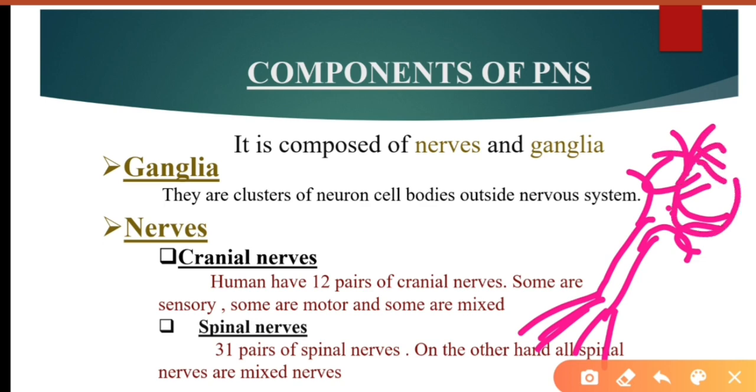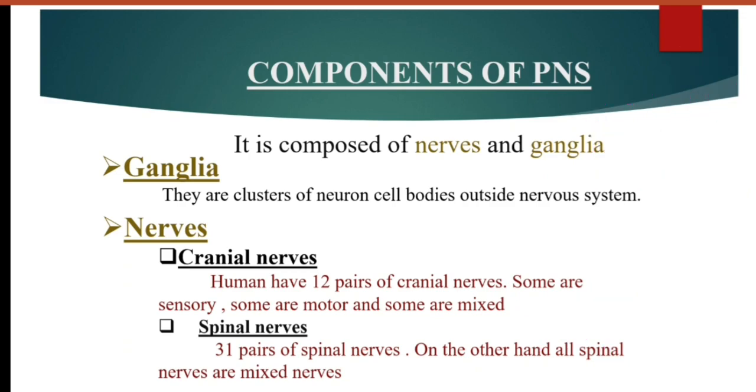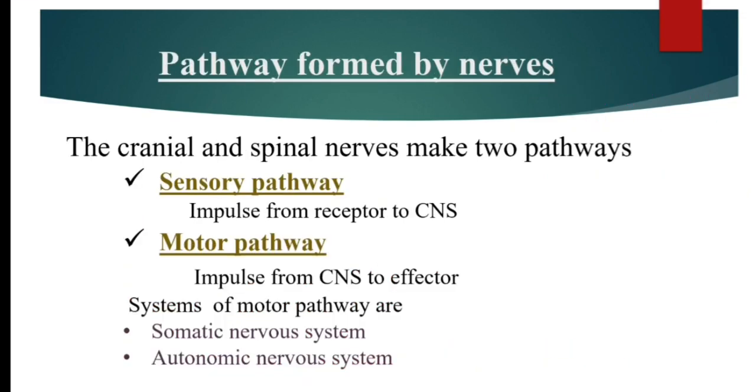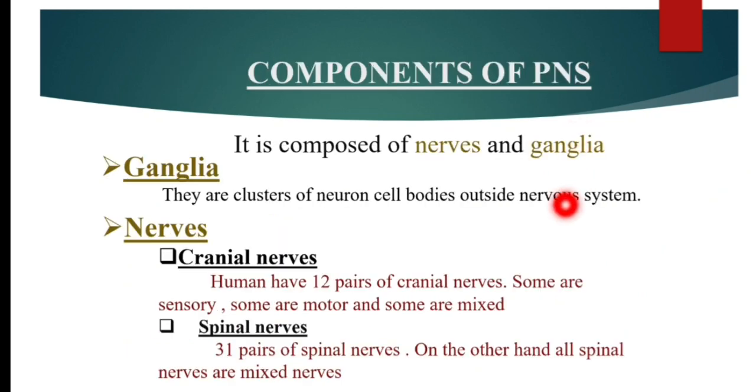They are present outside the brain and spinal cord, anywhere in the body parts. And nerves arise or lead to brain and spinal cord.